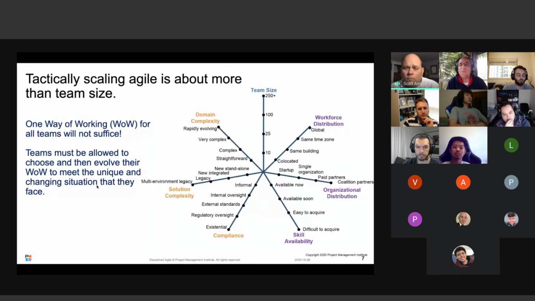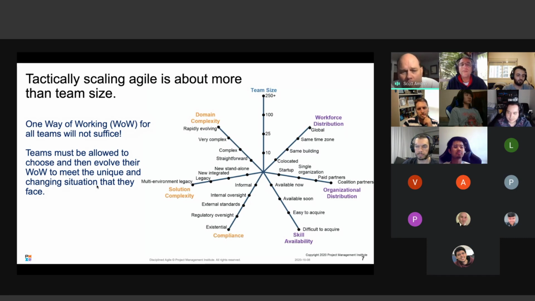Like, how about the way we distribute our workforce? A year ago, many Agile coaches would have told you that to be Agile, you need to be co-located, and that if you weren't co-located, you weren't really Agile. And then COVID hit. And suddenly, everybody's telling you, oh yes, it's possible to do remote Agile, and let me help you do it.